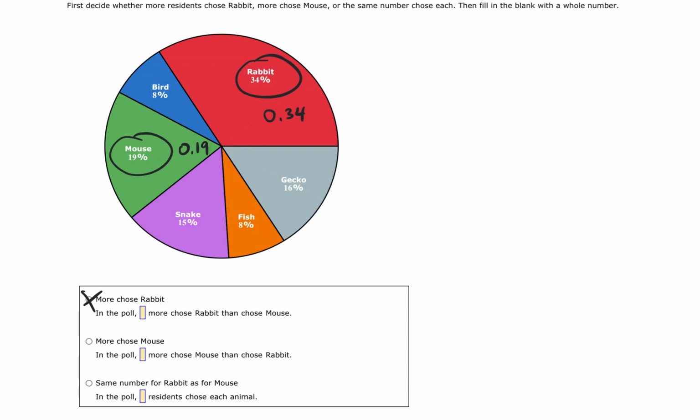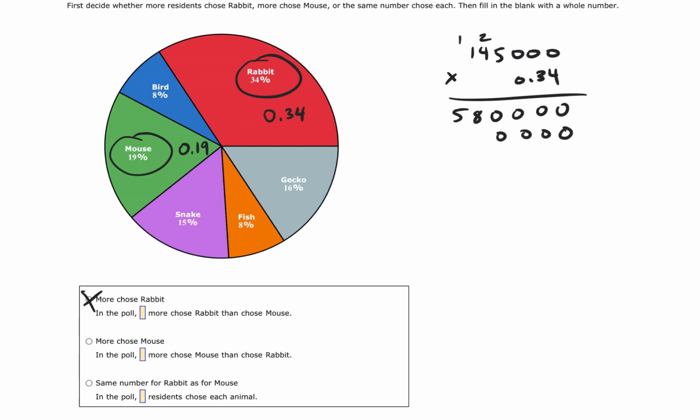If a calculator is available, I strongly recommend you use that calculator. Otherwise, you're going to have to multiply this out like this. So we'll have 3 zeros, 20, 16 and 8 is 16 and 2 is 18, 4 plus 1 is 5. Then we have 3 zeros, 3 times 5 is 15, 3 times 4 is 12, plus 1 is 13, and 3 plus 1 is 4.